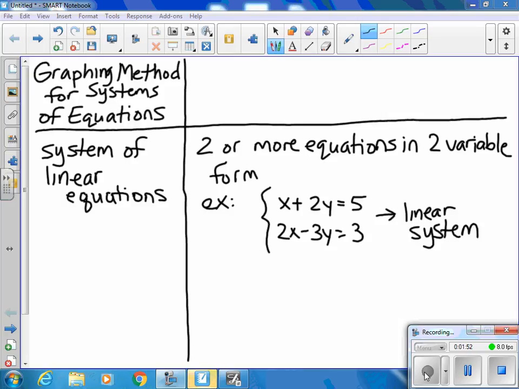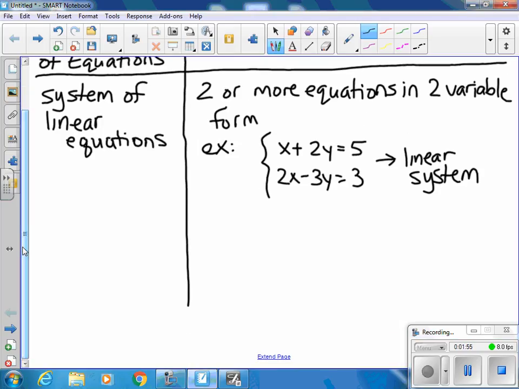Okay, the next thing you need to know about is the answers to these things. So the solutions to a system. The solution to a system is always going to be, except in special cases, of course, typically an ordered pair.